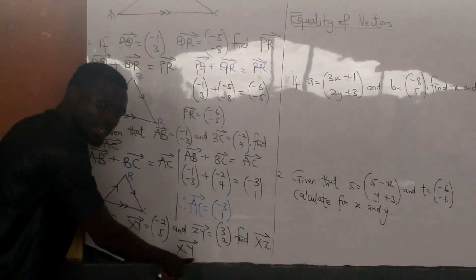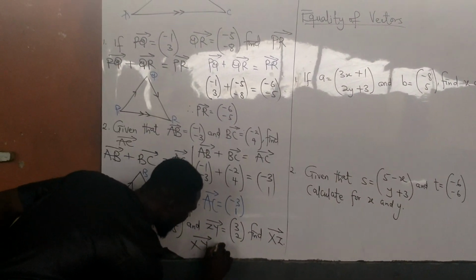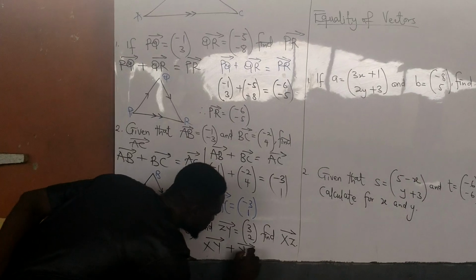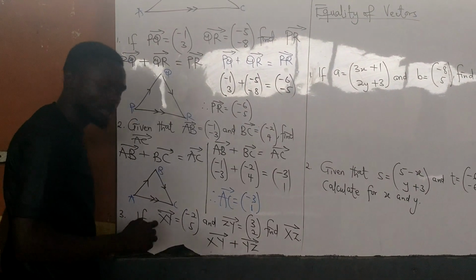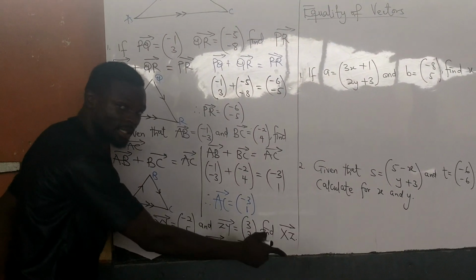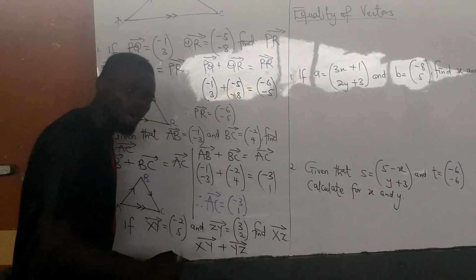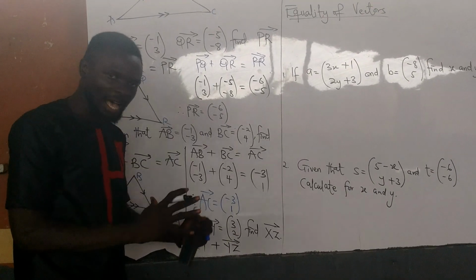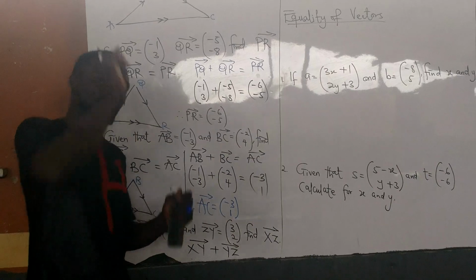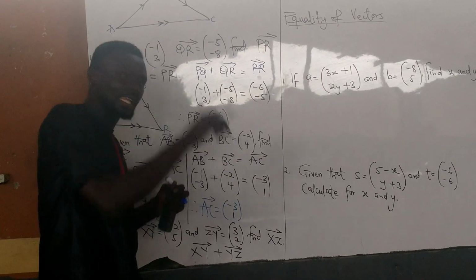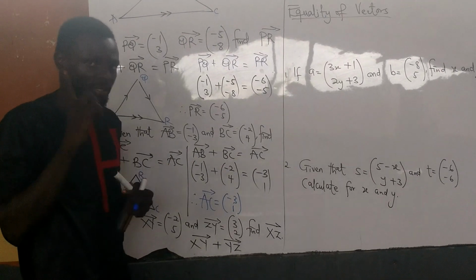So with the first vector here, look at the point that you have at the end of the first vector. It is Y. So this plus the vector with Z, because they are dealing with X, Y, Z. So the second point of the first vector is the first point for the second vector. Always note this.